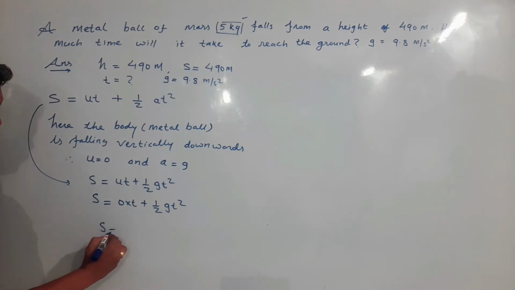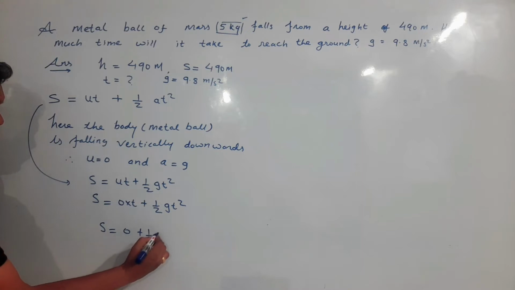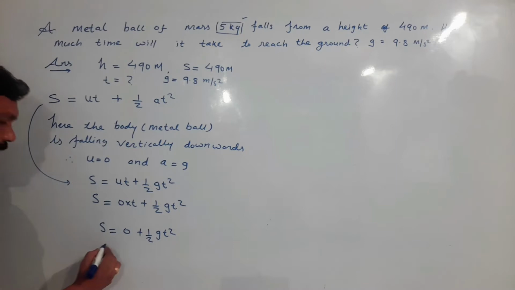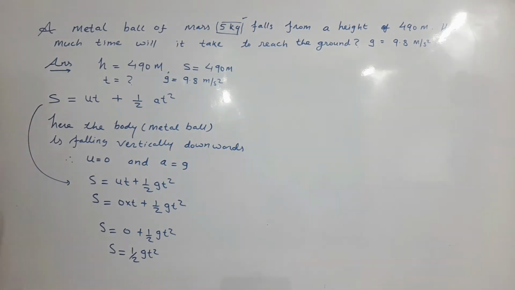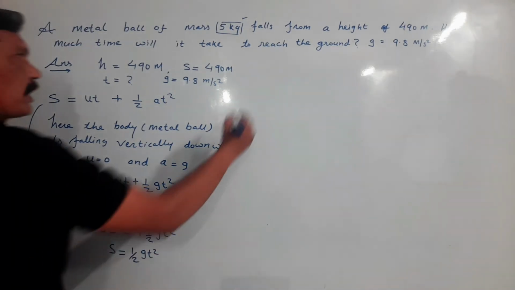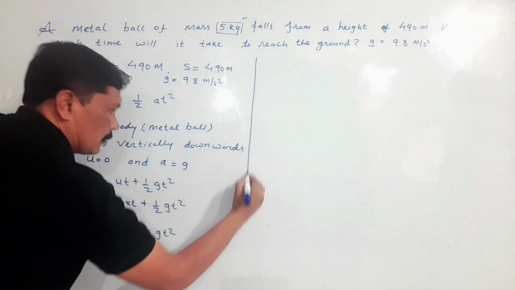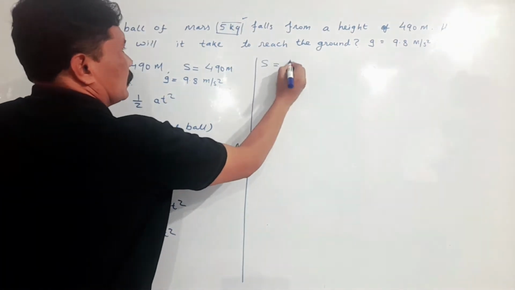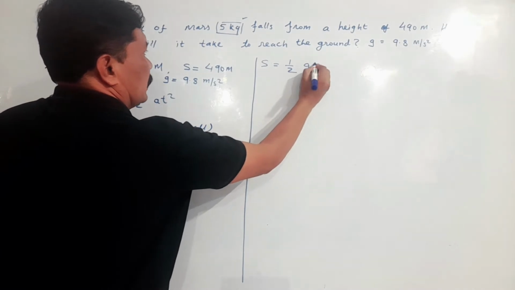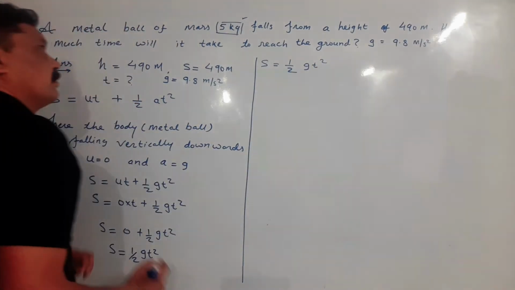So S is equal to 0 plus half gt square we get. S is equal to half gt square we can write.